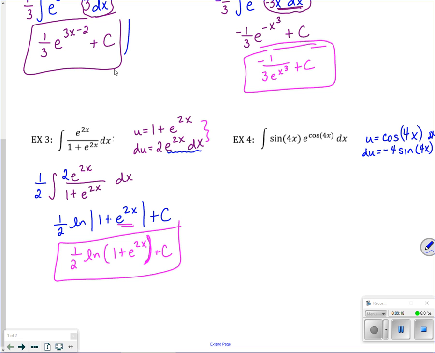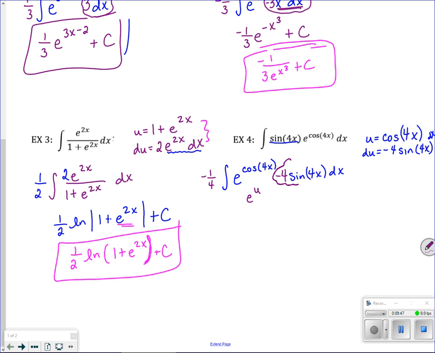Oh, so you're like, oh, cool that I have that variable. So let's write it this way. e to the cosine of 4x times sine of 4x times dx. Guys, do you see that if I put in a negative 4 rather, and pull a negative 1/4 out, what I really have is e to the u.